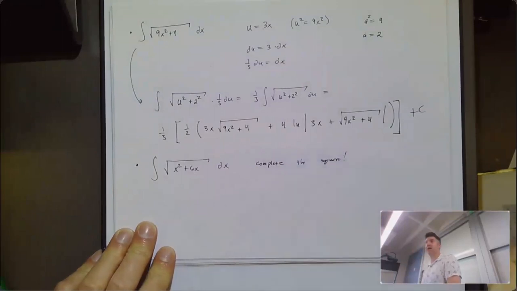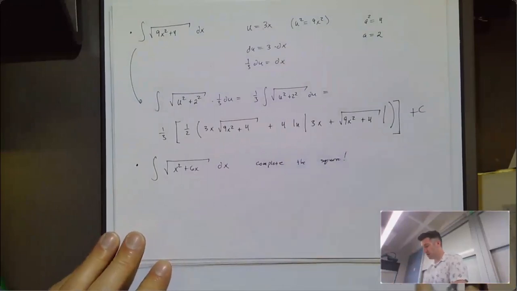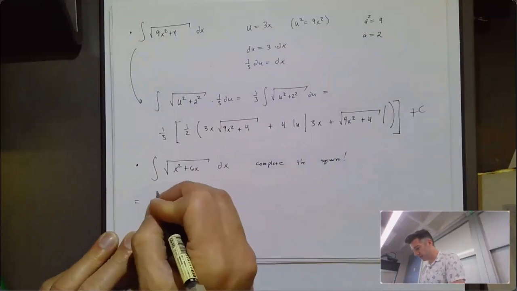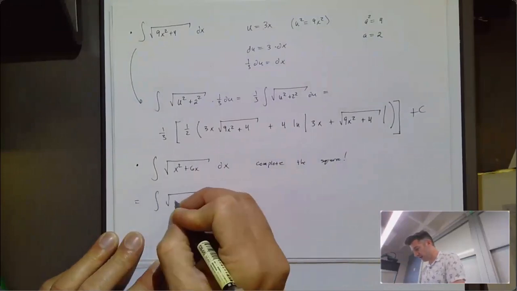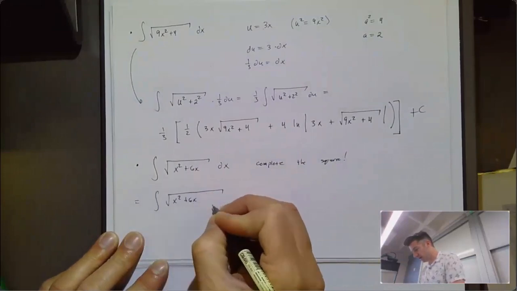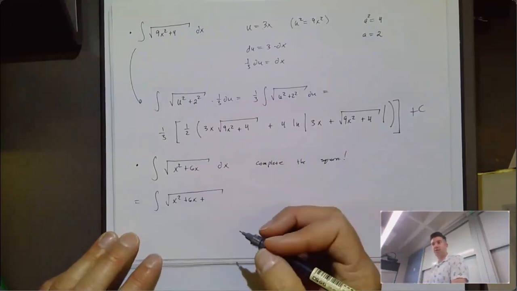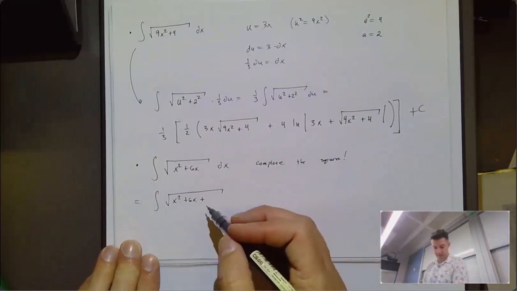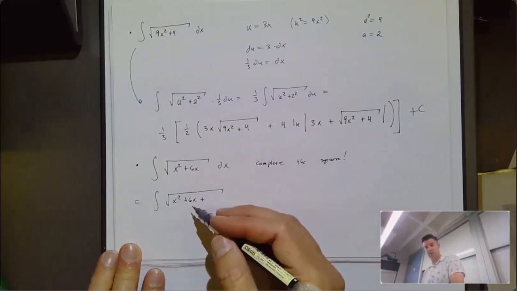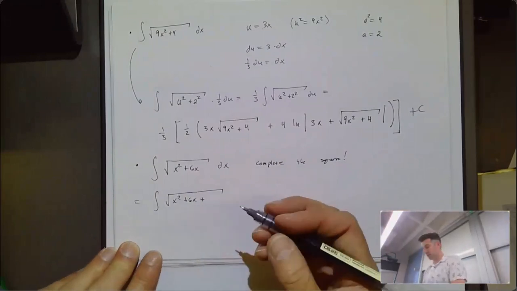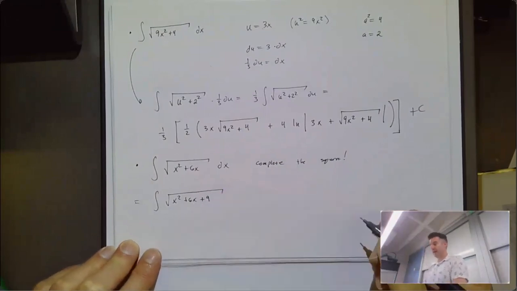And this is a common technique for these kinds of problems. So we're going to rewrite this as the integral of the square root of x squared plus 6x. And what do I need to add that's going to help me complete the square? It's half of 6, which is 3, and then 3 squared is going to be 9. So I'm going to add 9, but if I add 9, I also have to subtract it.